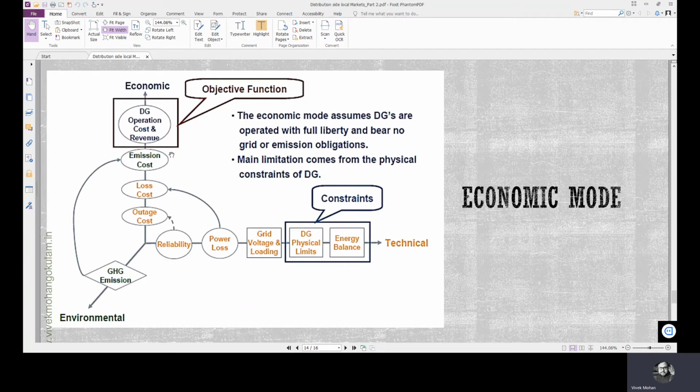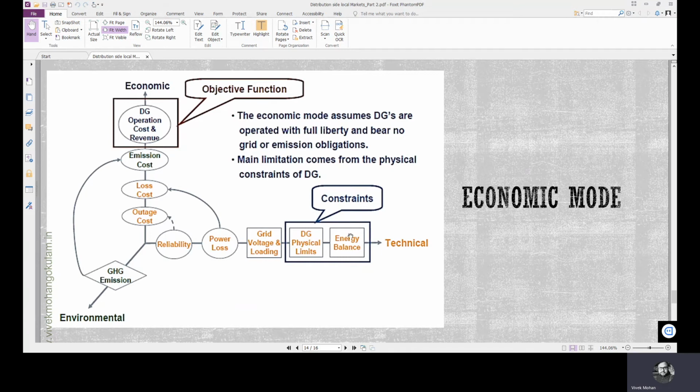So environmental objective is also considered. But basically all these are converted into cost because this is economic mode. Okay, outage cost, loss cost, reliability, power loss, voltage, grid voltage and loading. Here these are constraints. DG physical limits, energy balance.